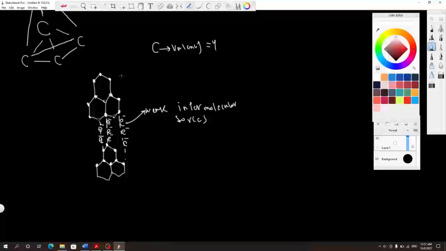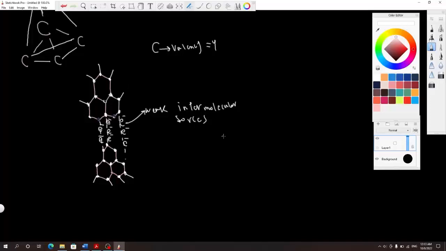So how do we do that? We just draw lines like that to show them that this structure is extended. Okay? This structure is connected to other hexagons. Right? That's a very important part that you need to take care of.